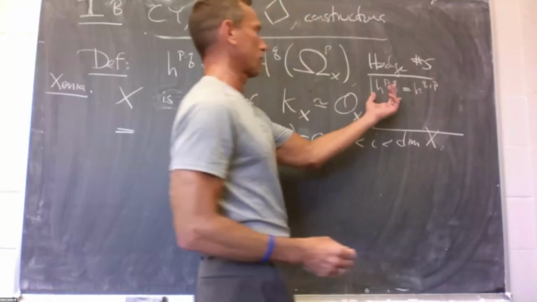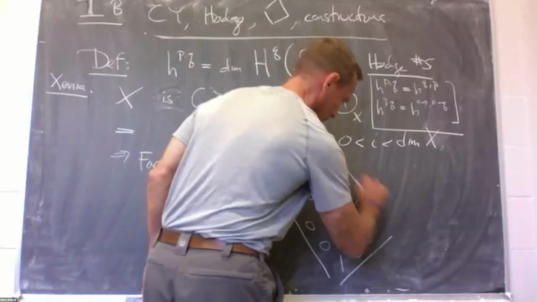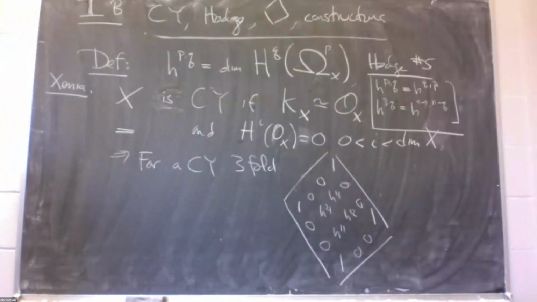Combined with these vanishing conditions, this says for a CY threefold, we can plot the Hodge numbers as follows. So 1, so we have this beautiful Hodge diamond for a Calabi-Yau, and in particular, there's only 2 interesting parameters.